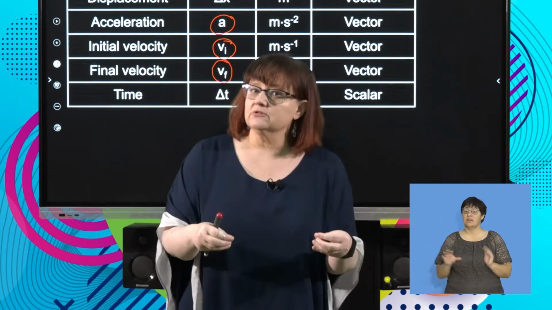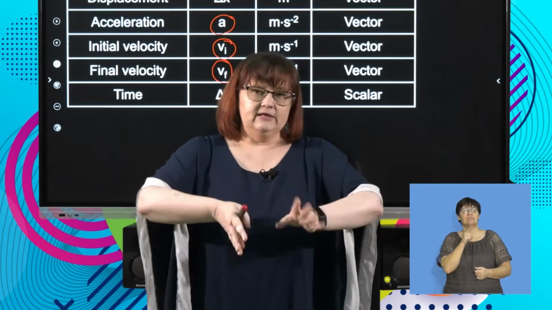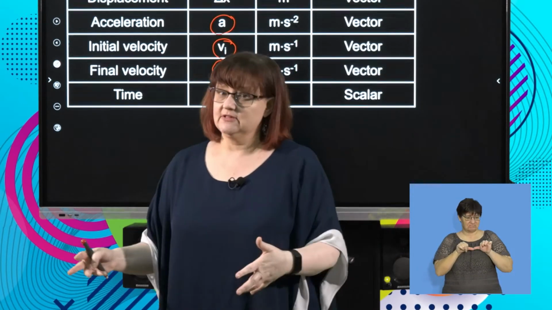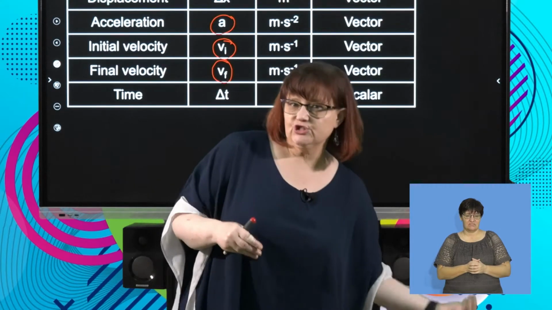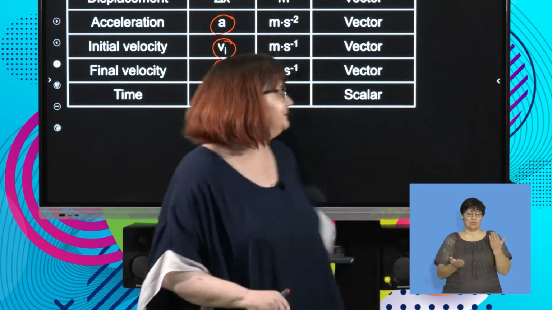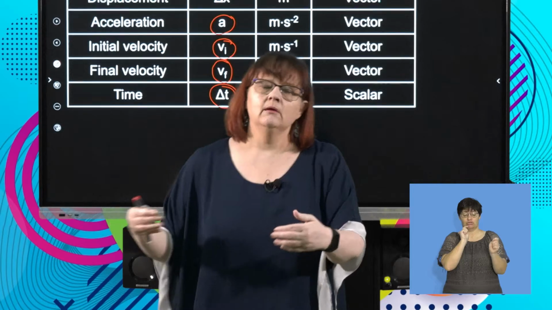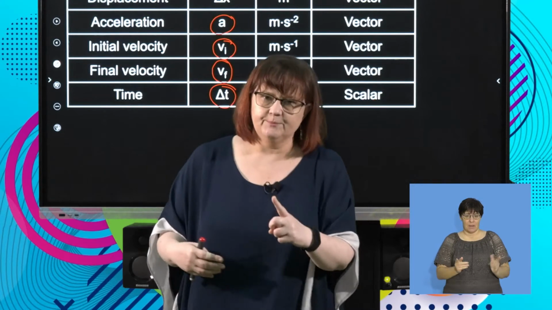Now what's important is we can only use the equations when the acceleration is constant. If the acceleration changes, then we have to start with a new equation, okay? And then, of course, there's time. We write it as delta t, so that means change in, but we'll only give you one time period, all right?